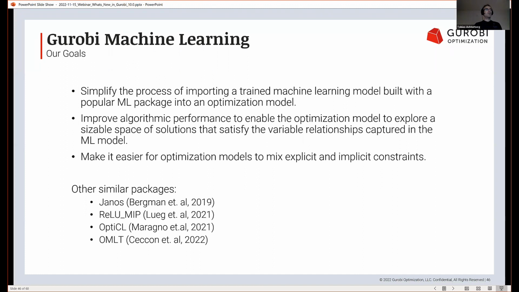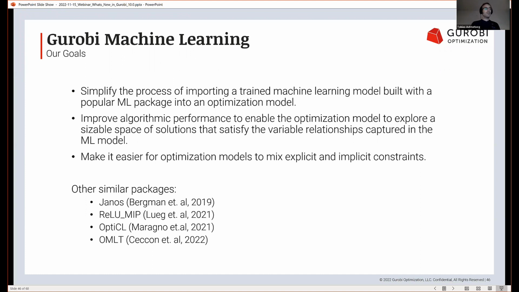Additionally, we want to improve the algorithmic performance to enable the optimization on such models, so that you can hopefully solve your optimization problems that contain such machine learning constraints. That makes it easier for optimization models to mix explicit and implicit constraints.